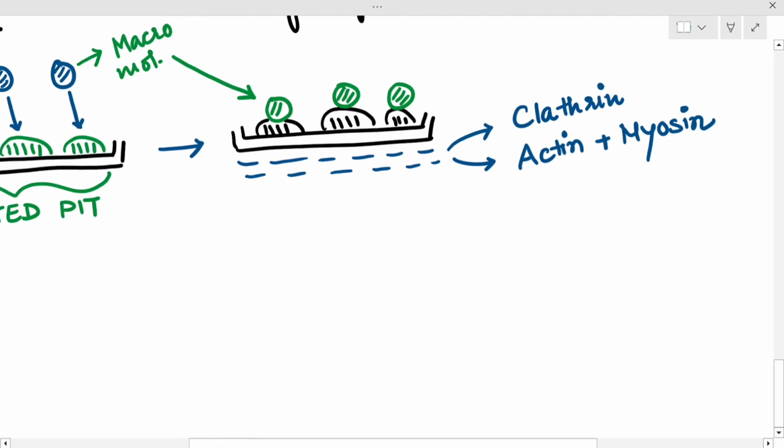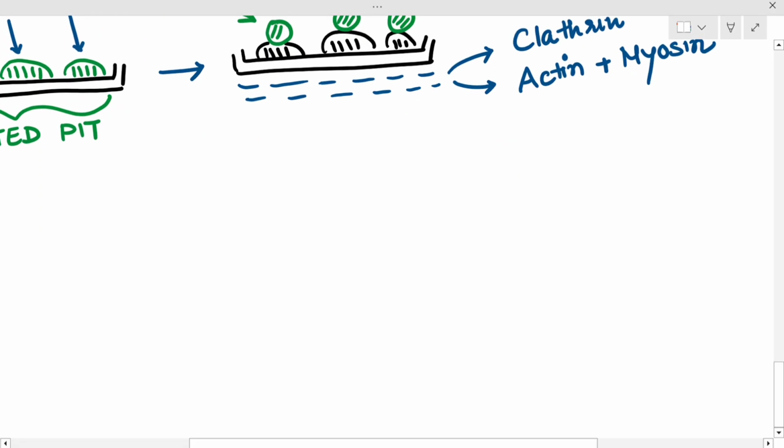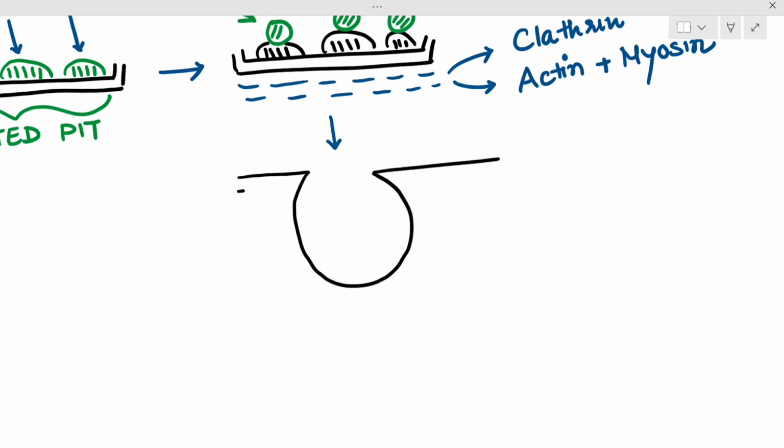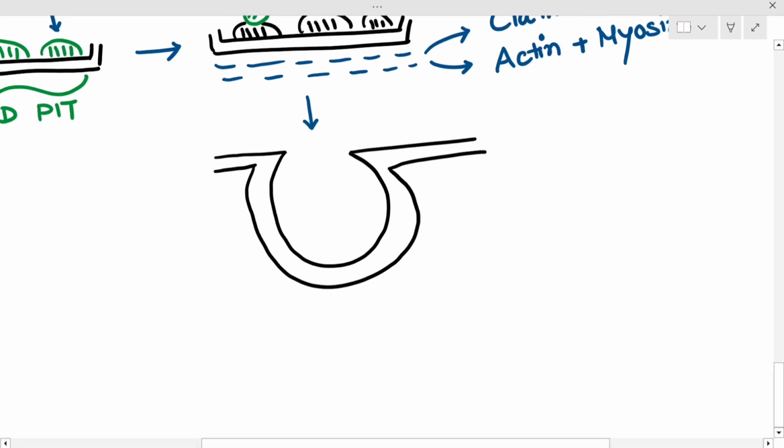Okay, fine. So when this macromolecule gets attached with the receptor, it activates these proteins, and after that, what happens? Invagination occurs. By the action of these proteins, the invagination takes place. Okay.